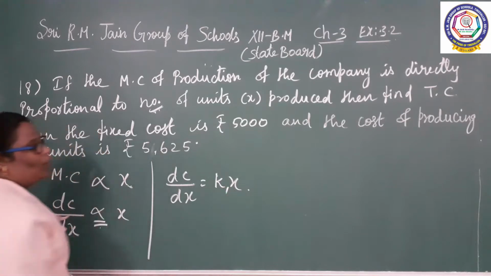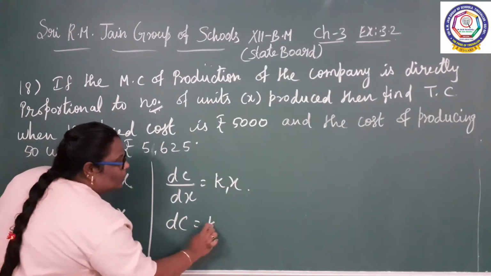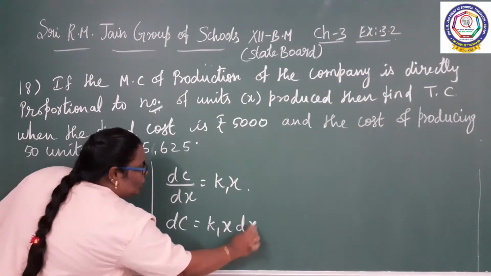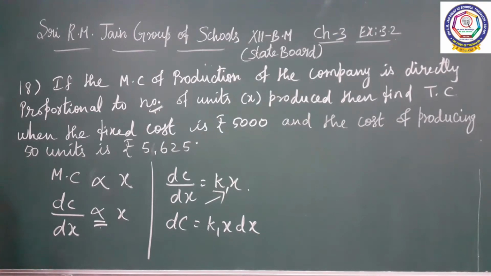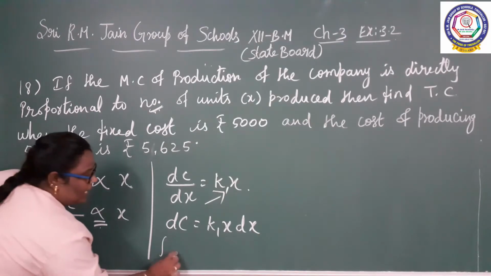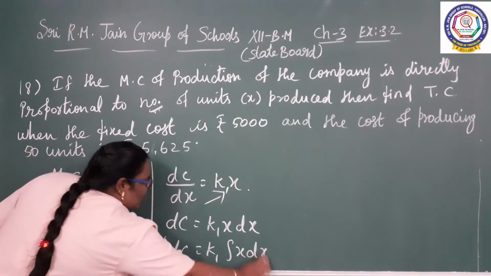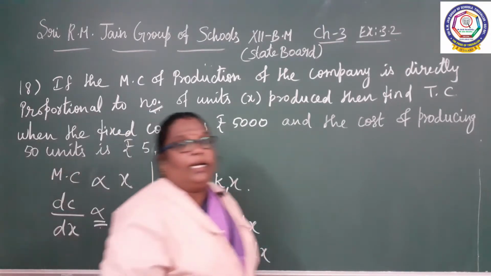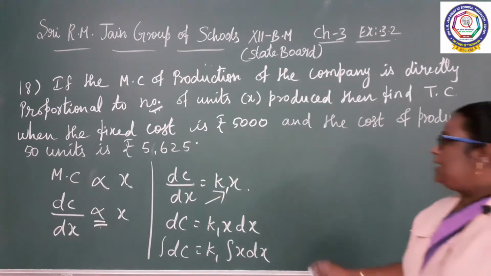You can put k1. See here, dc equal to k1 x into dx. You can bring the dx to the other side. Integrating on both sides. Integral dc equal to k1, a constant, integral x dx.